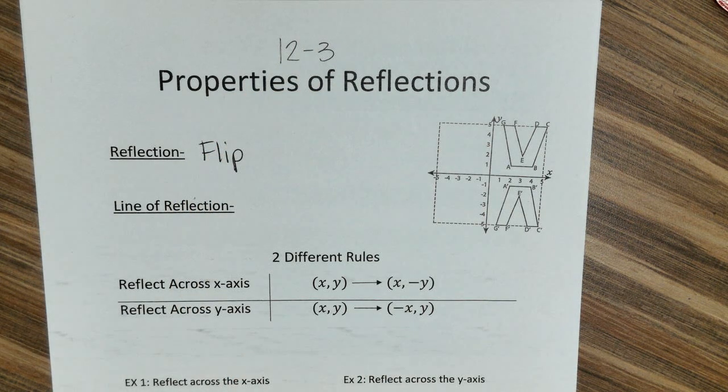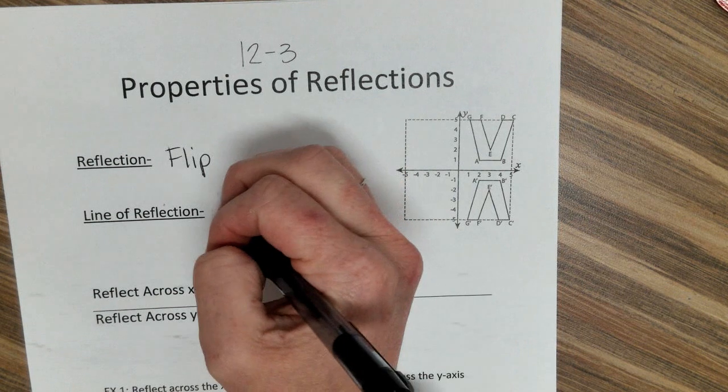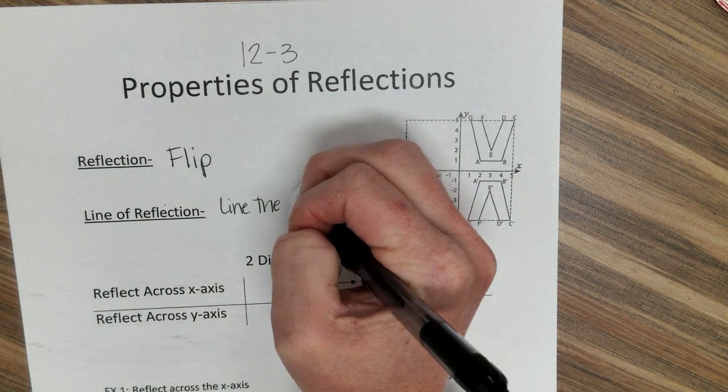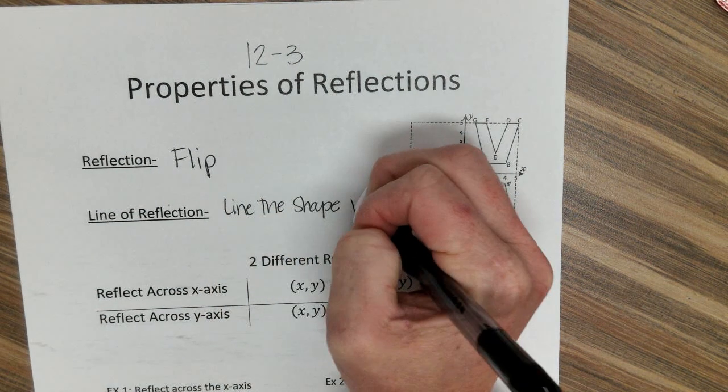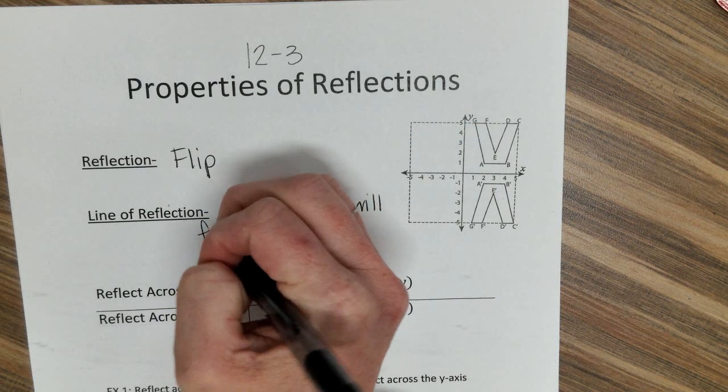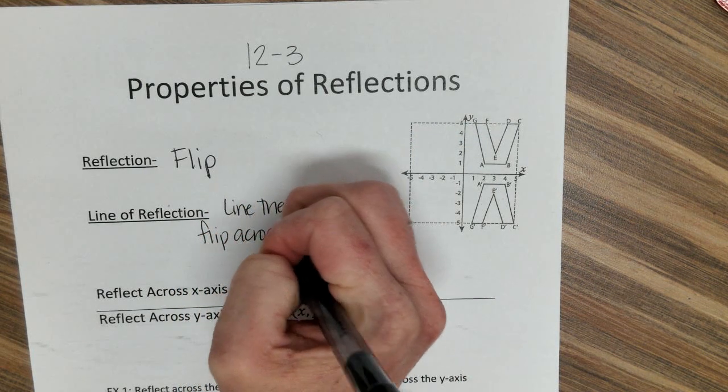If I am writing, you are writing. A reflection is known as a flip. The line of reflection is what it will flip across. It will either flip across the x-axis or y-axis. So it is the line the shape will flip across.